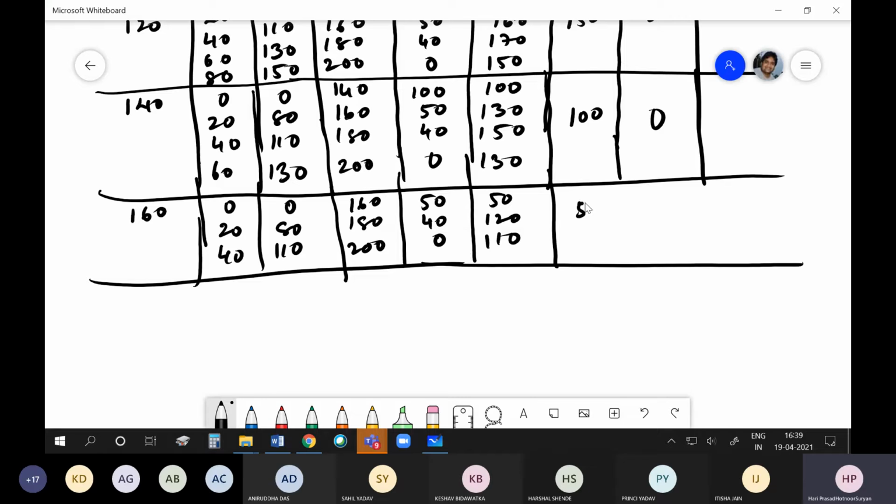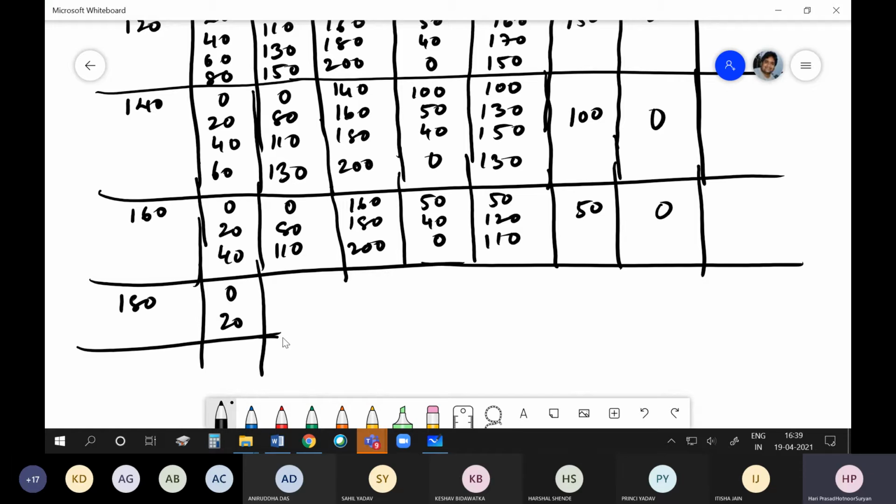Okay, 50, again 0. Then we have 180. What are the possible values? 0 to 20. Yes, so 0 and you have 80.